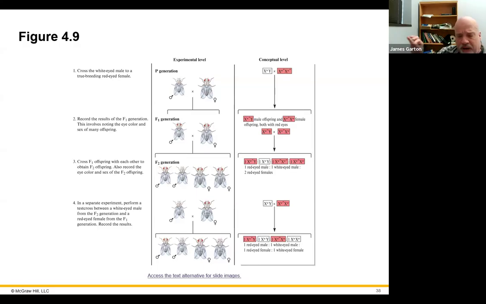And in some rather surprising results, he found out that these white-eyed individuals came back, and you would expect them to be in a 1-to-1-to-1-to-1 ratio, and they weren't quite 1-to-1-to-1-to-1. But in this experiment, he had white-eyed males and white-eyed females. And so that implied that the inheritance pattern for this allele was a little curious.